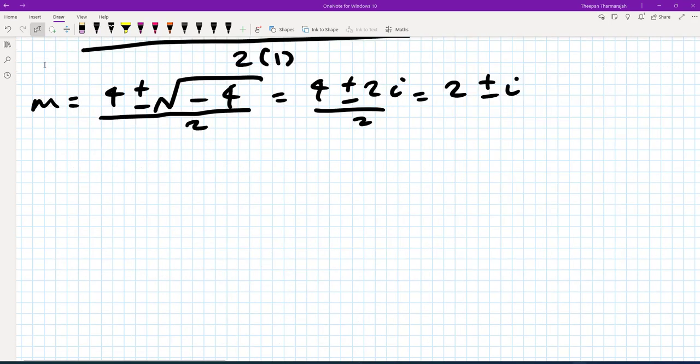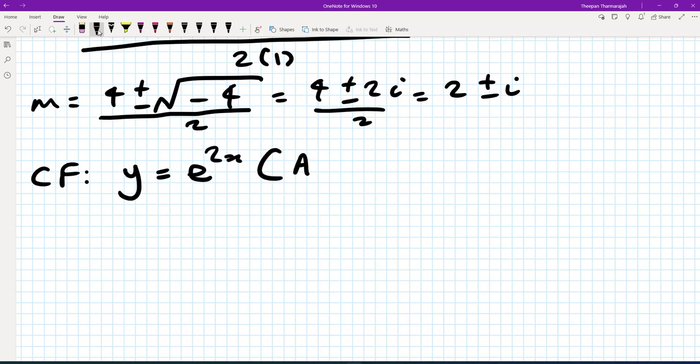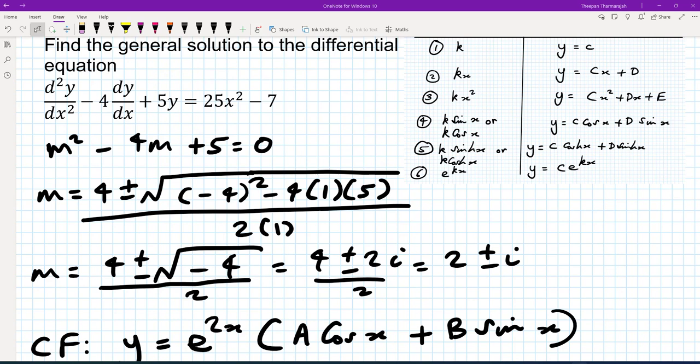So our respective complementary function will take the form of y. Don't forget, it's always e to wherever the real part is. So it's e to the 2x times a cosine of x plus b sine of x, because we've got one i essentially here. Now notice our differential equation is in the form of 25x squared minus 7, or in the form of kx squared.